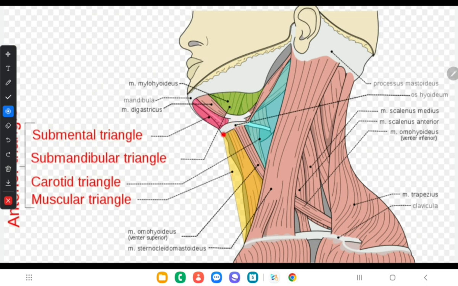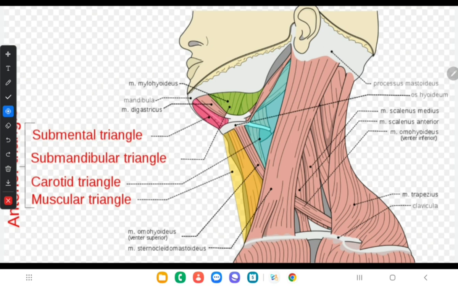Some books call this region the suprahyoid region and this region the infrahyoid region as well. In the suprahyoid region we can see the submental triangle and the submandibular triangle, and in the infrahyoid region we can see the muscular triangle and the carotid triangle.